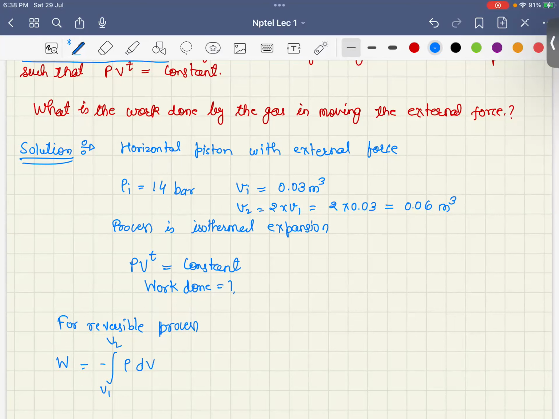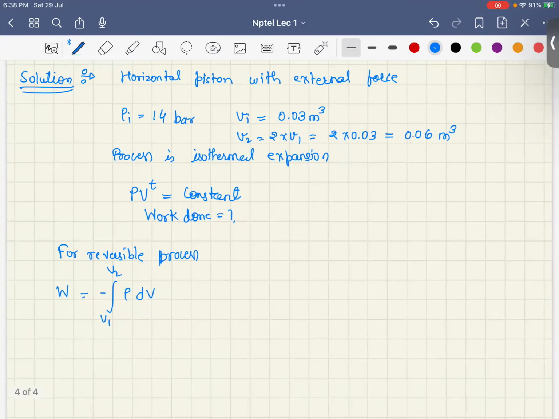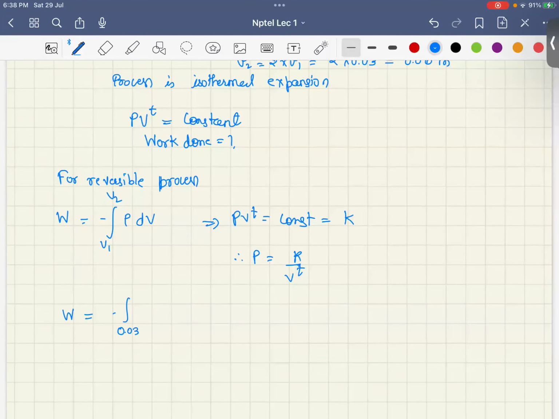So in this case, what's it going to be? We know that PV to the power T is going to remain constant. Let's call that constant K. Therefore, P is going to be K by V to the power T. Therefore, this is going to be the integral from 0.03 to 0.06 of K over V to the power T into dV.